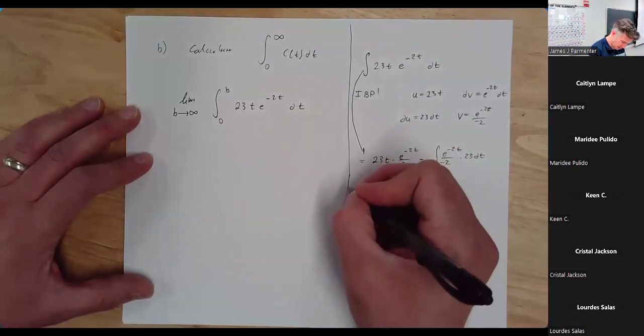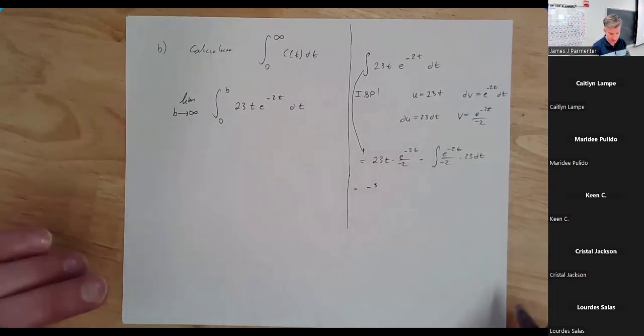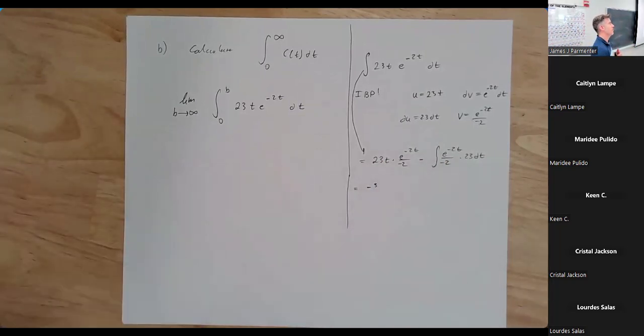And simplifying this just a bit, we're going to get negative 20. Ooh, so I'm going to do something that is going to help me do this problem. I know that I'm going to have to take the limit as something goes to infinity eventually. And I personally like having a positive infinity pop up.